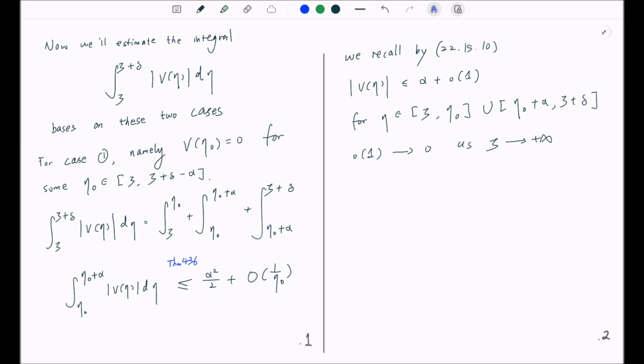Now, applying this upper bound for the integrand in the first and the third integral yields the following.